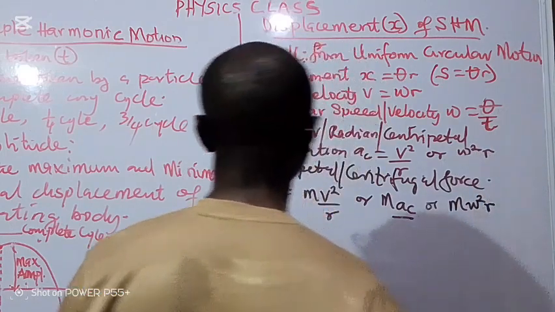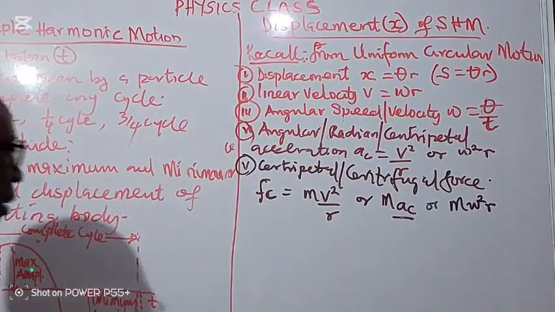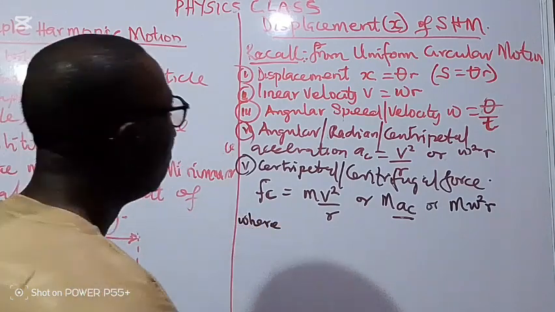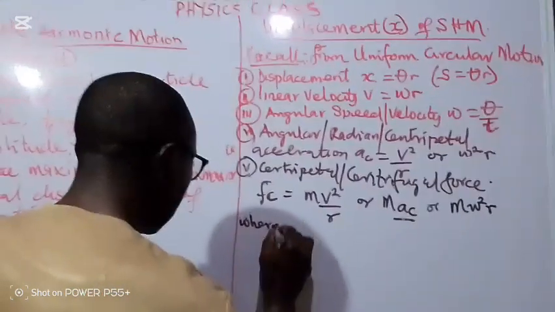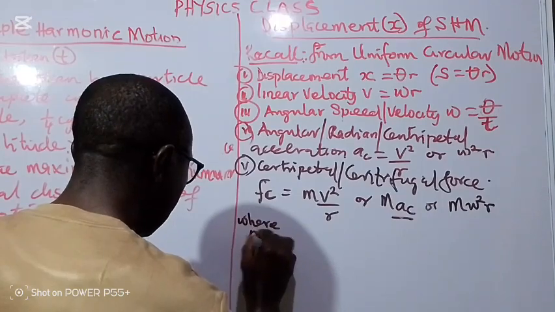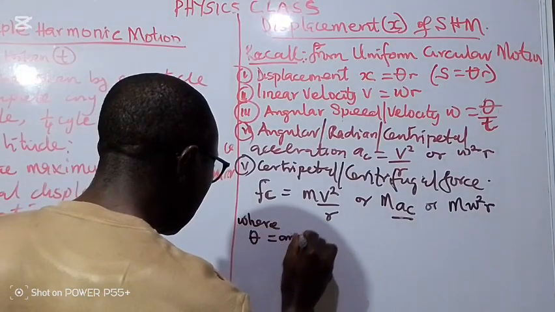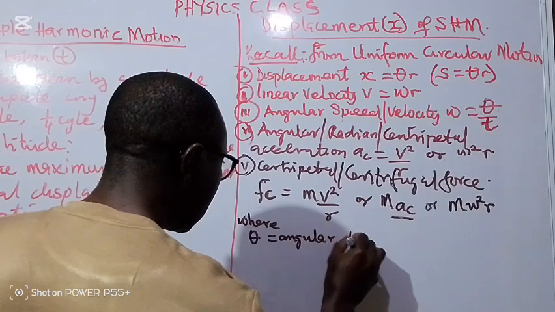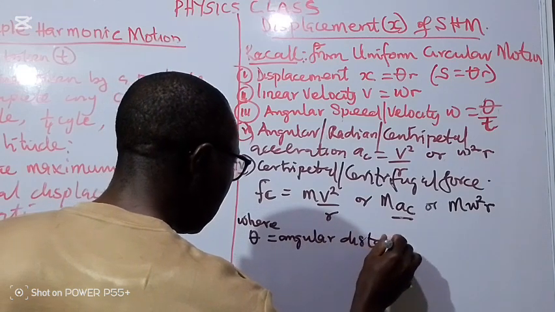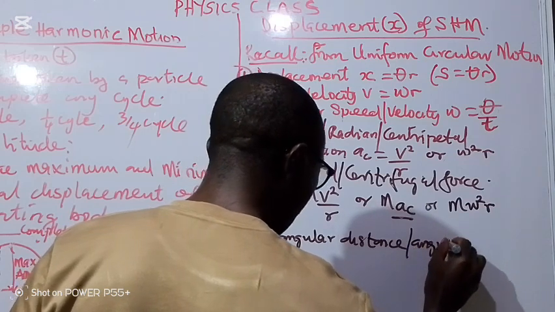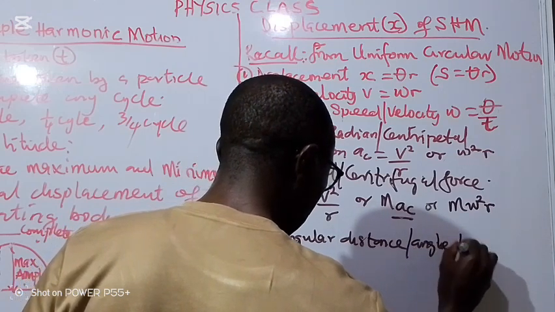Now, theta is equal to angular distance, or you call it angle turned through.